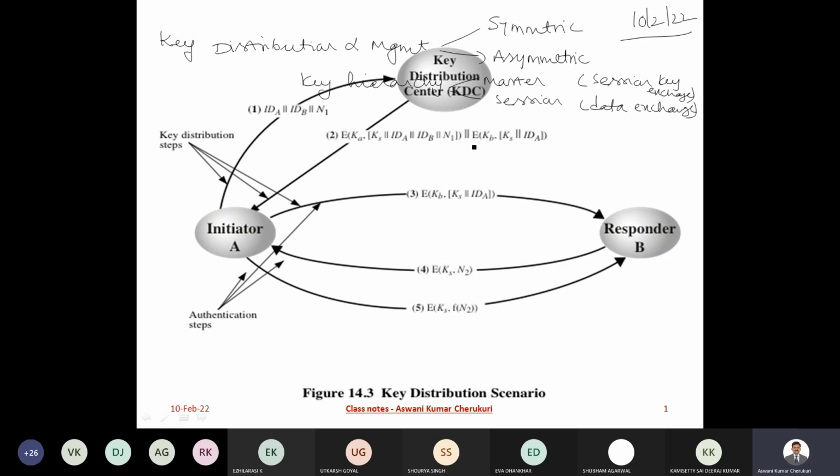You can notice there is a key distribution center, right? Now A wants to talk to B. For that purpose, you can notice A is initiating the interaction with the KDC, asking, look, I need a session key so that I can talk to B. Yesterday we saw a key distribution scenario where A and B are trying to interact, and for that A establishes contact with the KDC.